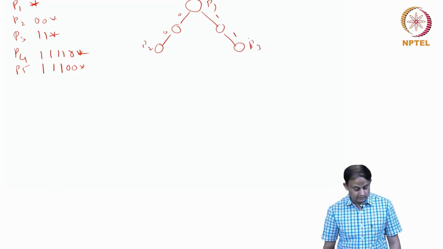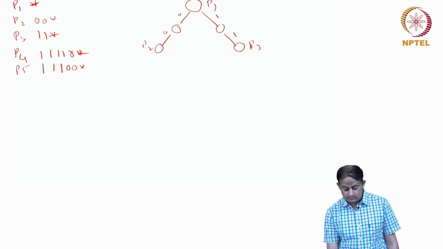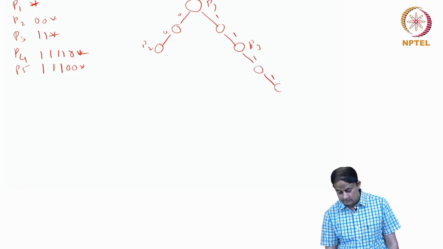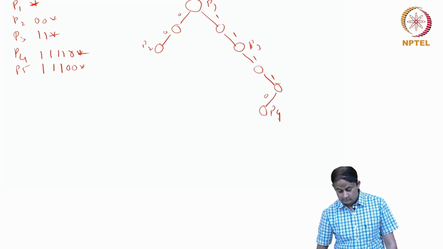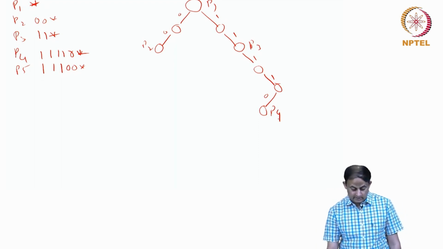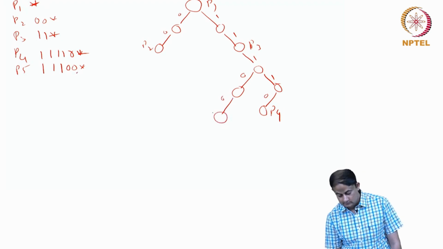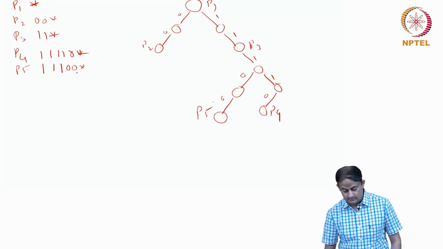P4 is 4 times 1 followed by 0. 2 times 1 is already there, and the third and the fourth one, and then 0, this is my P4. P5 is 3 times 1 followed by 2 0s. 3 times 1 is here, and then I take a branch here, go to this node, 1 0 followed by the second 0, my node, this is my P5.